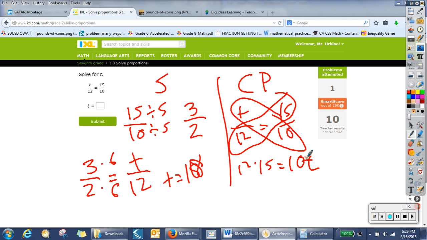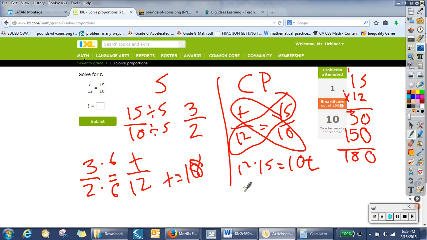Now, doing this, 15 times 12, 5 times 2 is 10, carry the 1. 1 times 2 plus 3 plus 1 is my place 4 there. 1 times 5 is 5. 1 times 1. So I would end up with 0 plus 5 is 8. 1 plus 0 is 1.